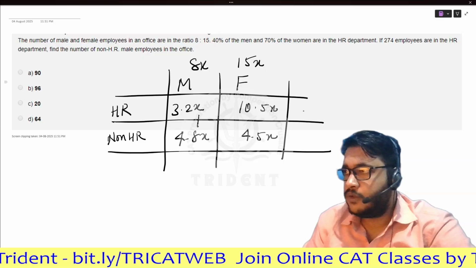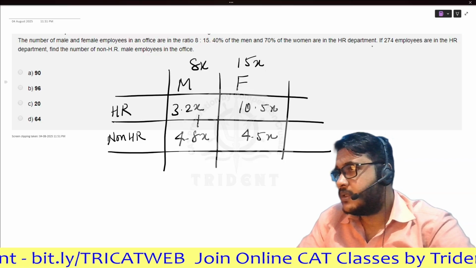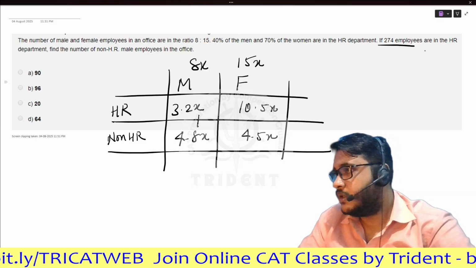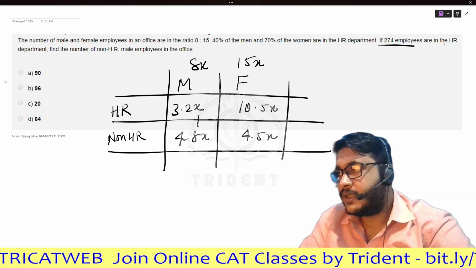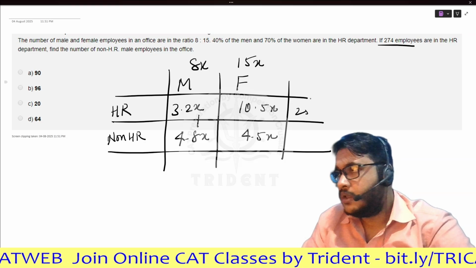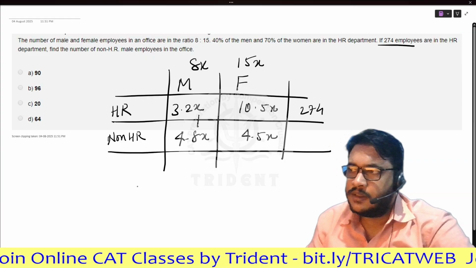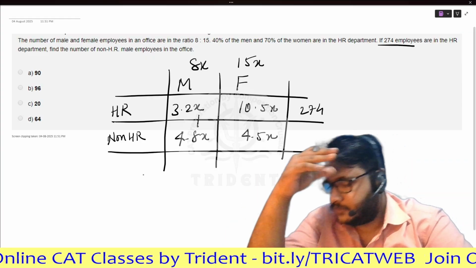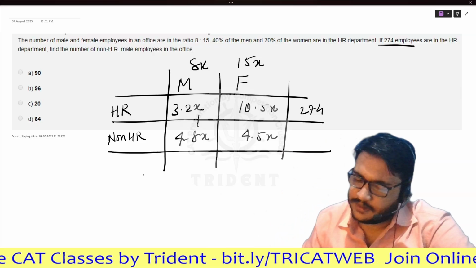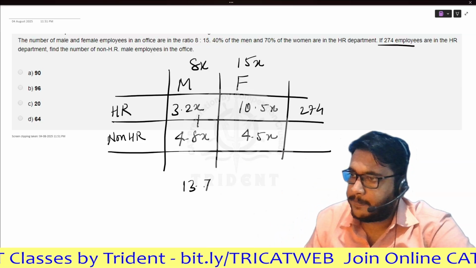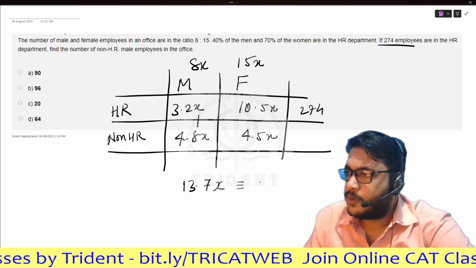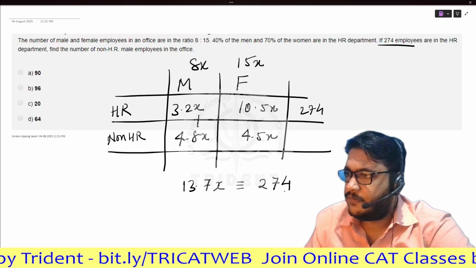Now they have given you the total: total 274 employees are in the HR department. That is 274 is the total over there. That means 13.7x corresponds to 274.